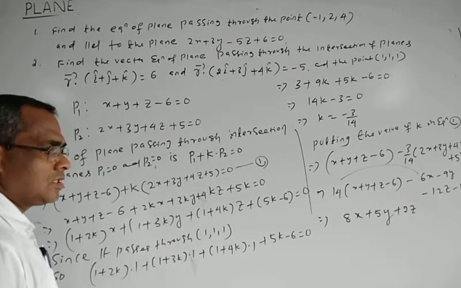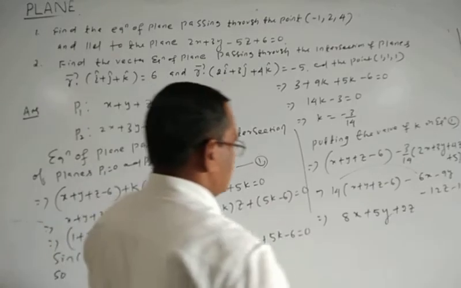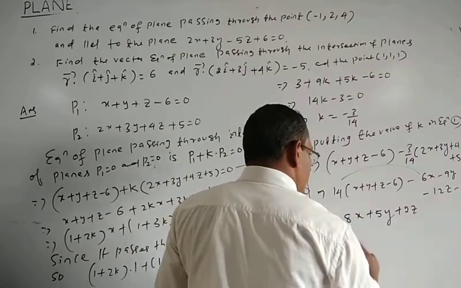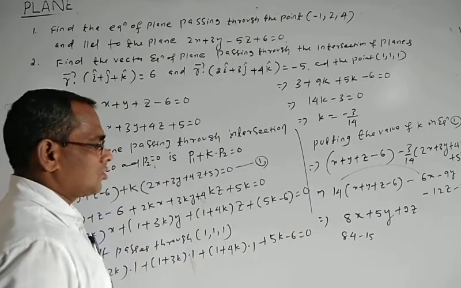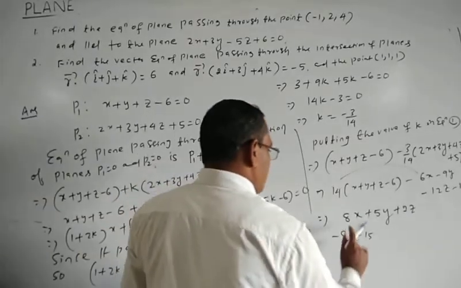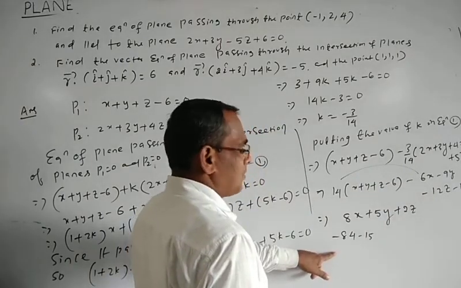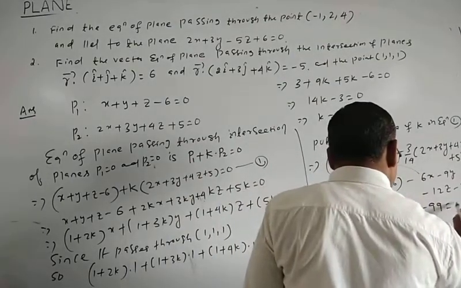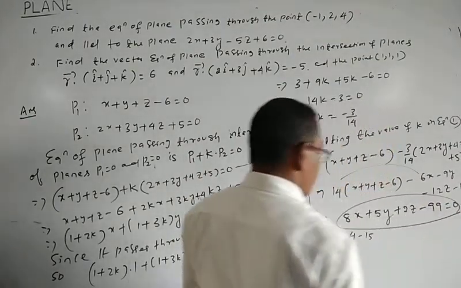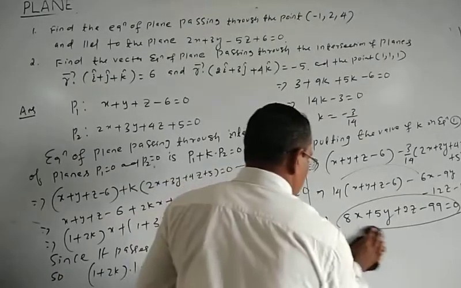Then 14 into 6 is 84, so minus 84, minus 15, that is equal to minus 99. Minus 99 is equal to 0. This is the required equation of the plane, which is the Cartesian form of the plane.